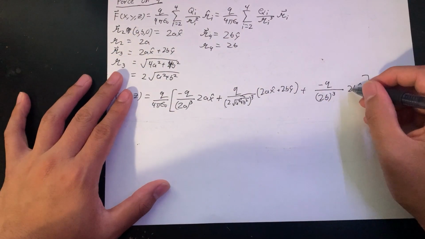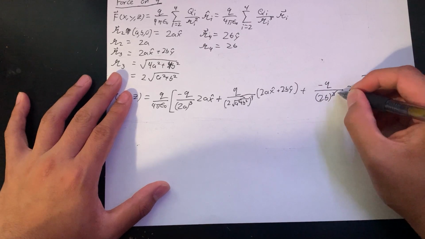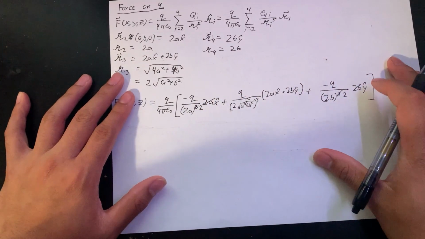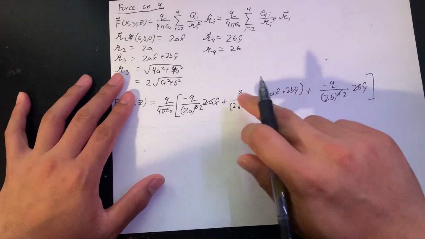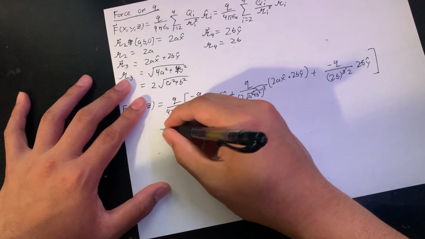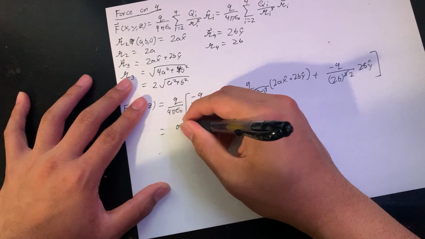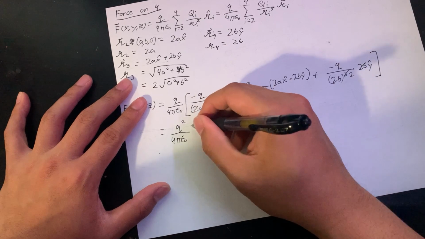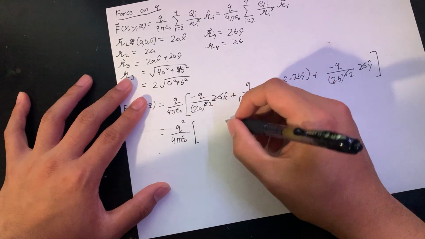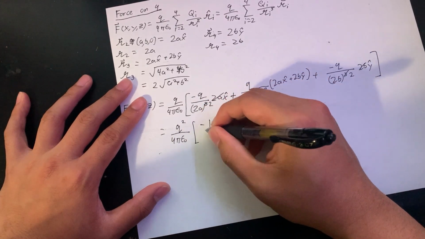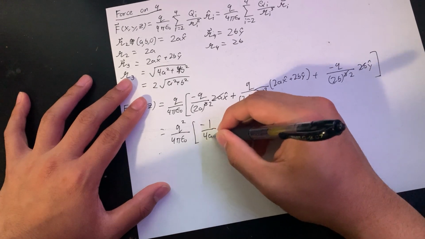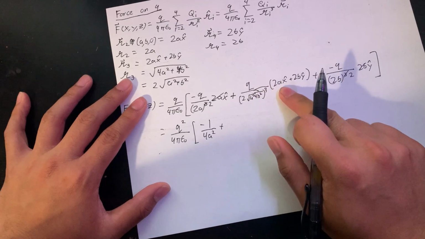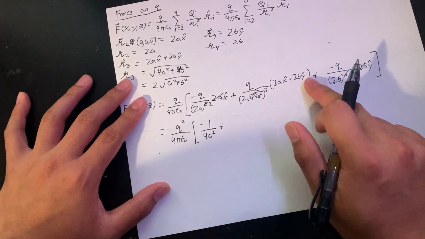Okay, so this 2b we cancel out with one of these, make that squared. Same thing over here. And then I'm going to take out the q's, bring it onto the outside. So we have q squared over 4 pi epsilon naught times negative 1 over 4a squared plus, and then I'm going to distribute this out into the x hat and y hats.